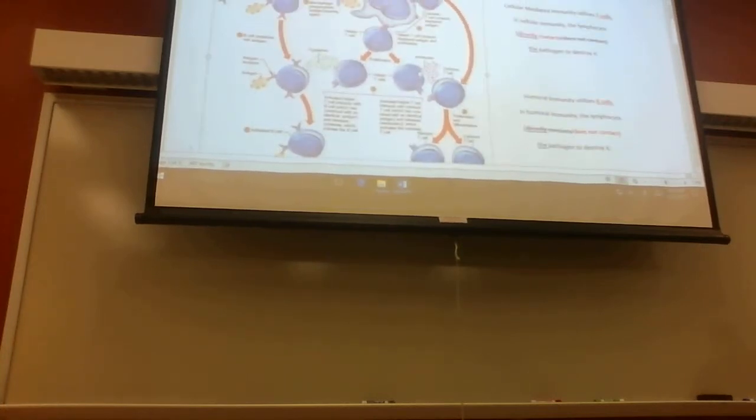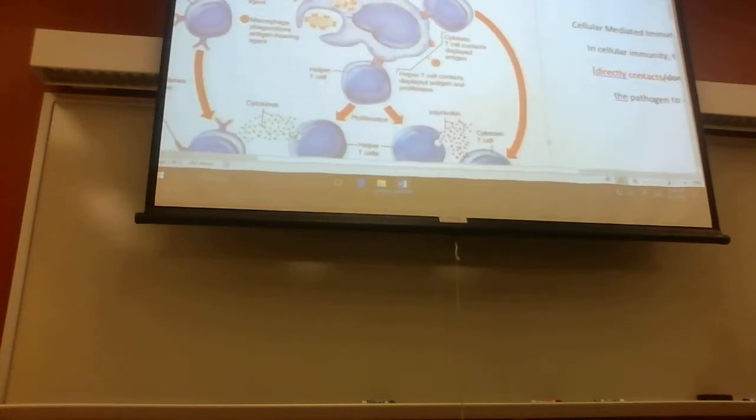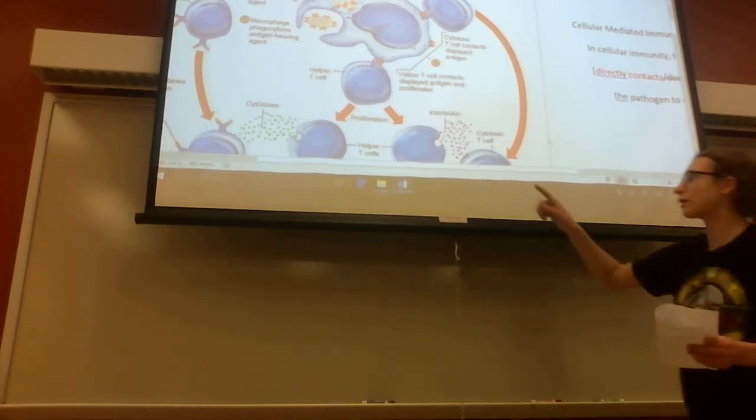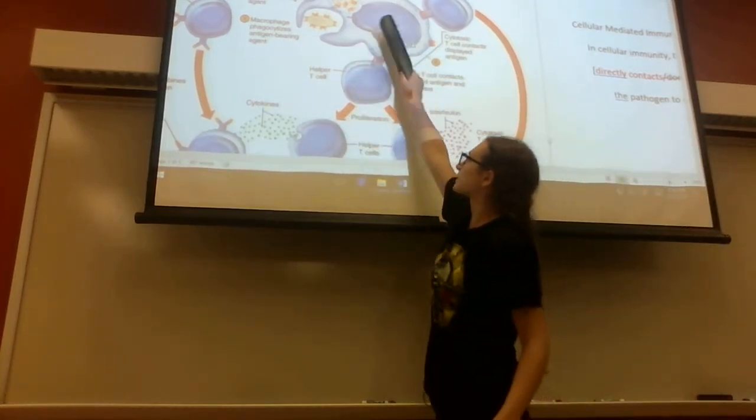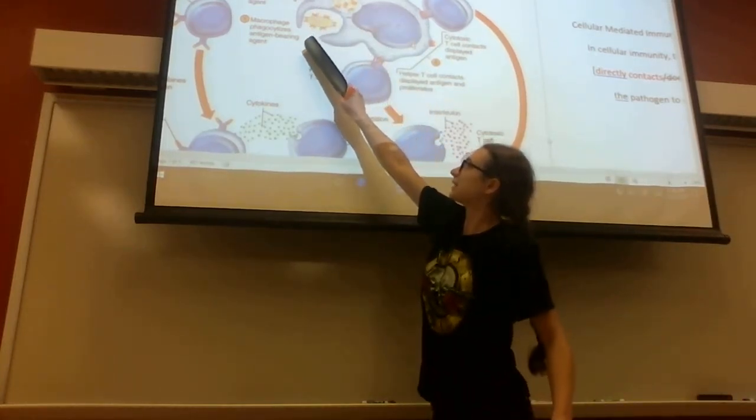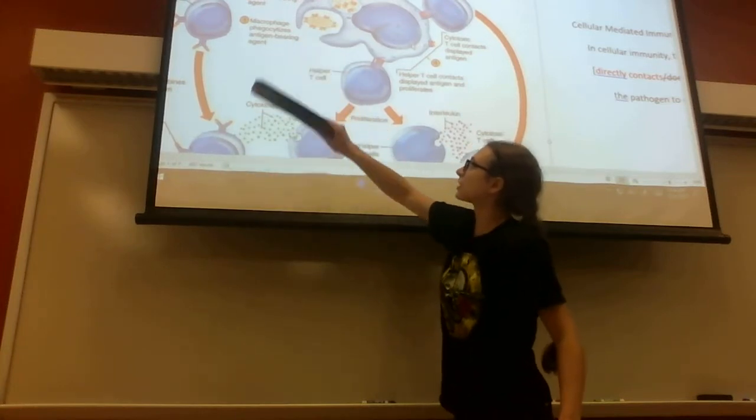So step number 1, you can see this is your macrophage. This clearish kind of thing, that's your macrophage. Do you see those little circles inside of it? That is it destroying. So your macrophage, which is this guy, engulfs, it eats the antigen-bearing agent.